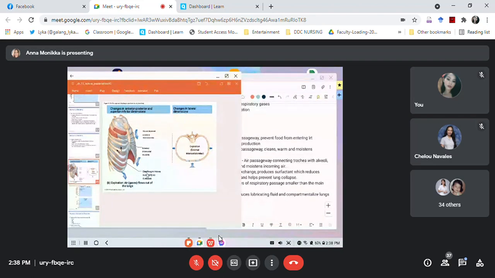So there it is. The diaphragm moves superiorly as it relaxes. This is your external intercostal muscles. Ribs are depressed as the internal intercostals relax. So in expiration, the rib size is decreased.